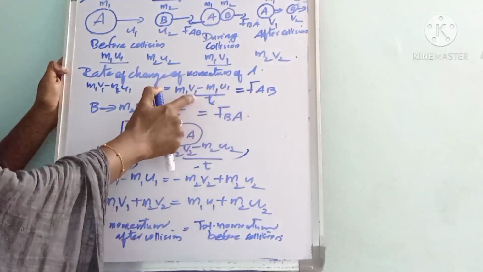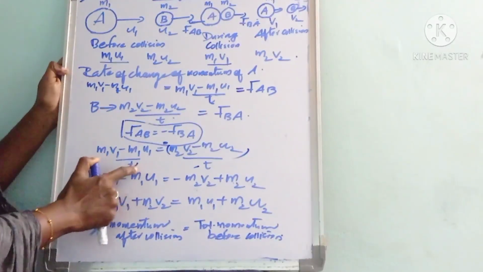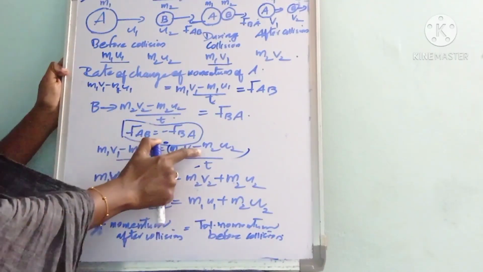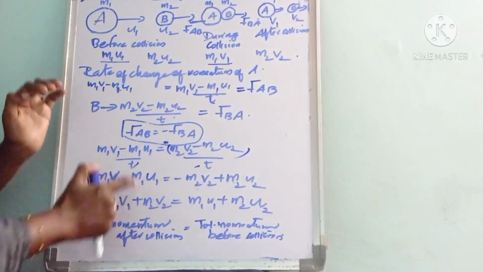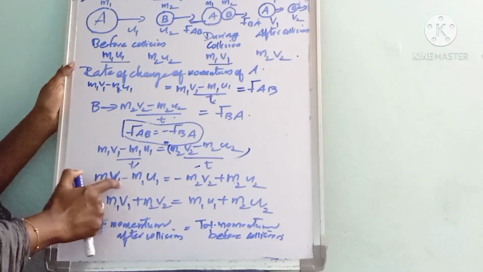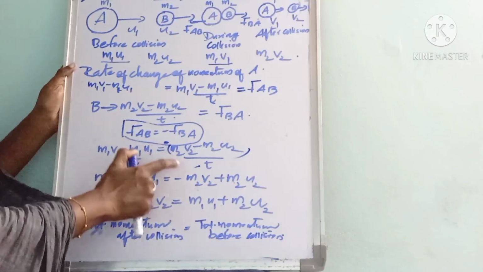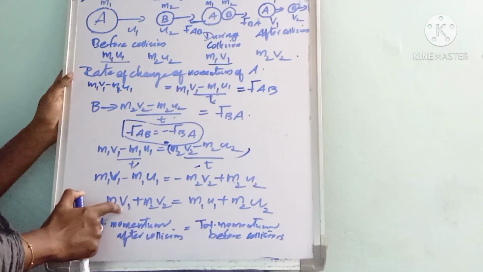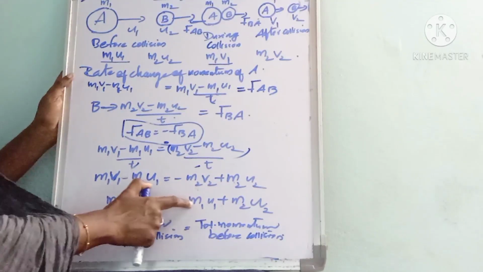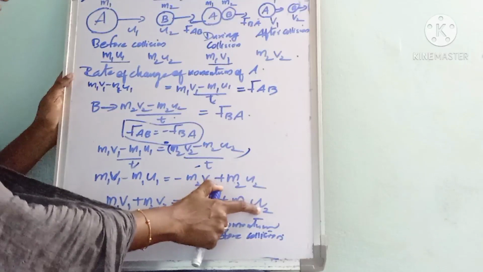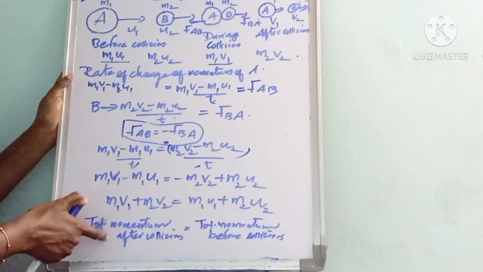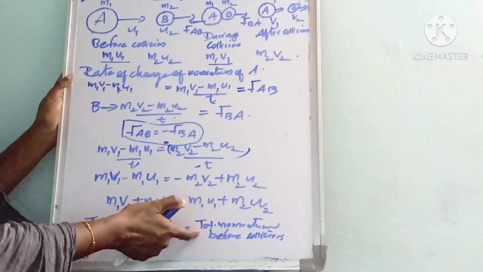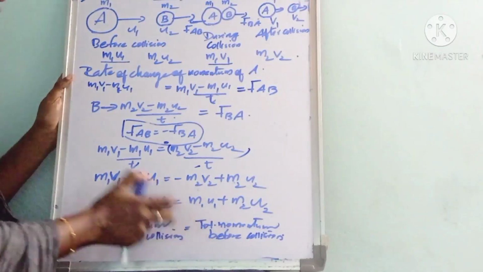Then substituting, (m1v1 minus m1u1) divided by t is equal to minus (m2v2 minus m2u2) divided by t. Then t cancels and the remaining is m1v1 minus m1u1 equal to minus of m2v2 plus m2u2. This can be rearranged as m1v1 plus m2v2 equal to m1u1 plus m2u2. The left side is the total momentum of the two objects after collision, and the right side is the total momentum before collision. These two are equal.